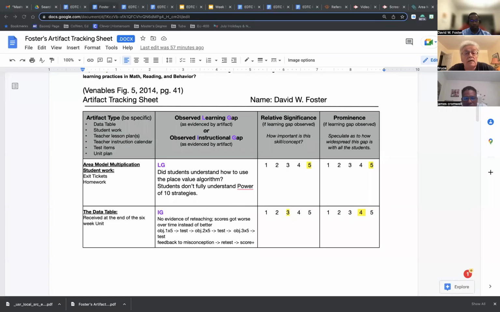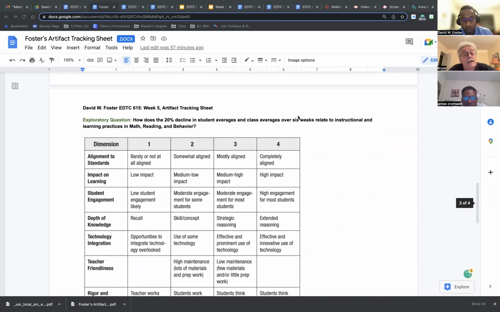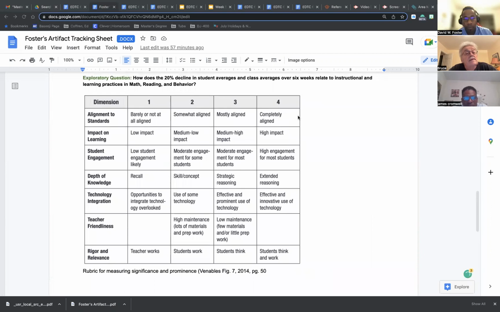All right, here's the deal. We have an evaluation protocol of 7 items, the first of which is to say whether something was aligned to the standards. Now, supposedly, we were to do this during data meeting number 2, but there are 20 artifacts divided between the 3 of us. 20 artifacts times 7 items to look at.